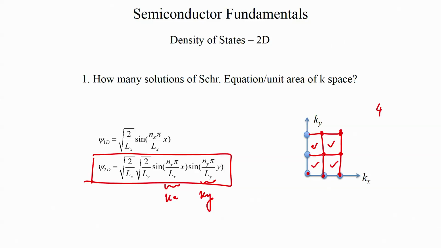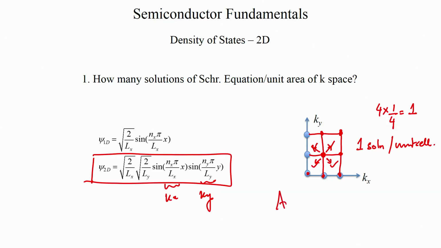But each solution is shared by 4 unit cells. This solution for example is shared by this cell, by this and by this. So each solution is shared by 4 unit cells. So you have 1 solution per unit cell. So that is the number of solutions per unit cell in K space.